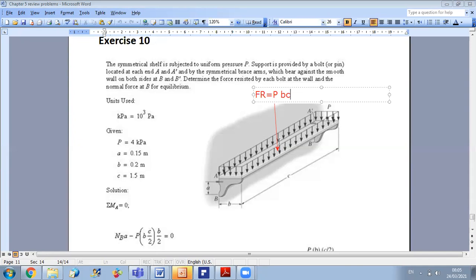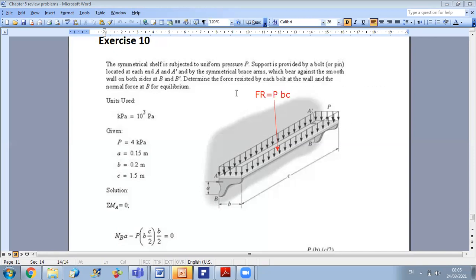Now, because of symmetry, the majority of the time, symmetry will give you information to simplify the analysis of your problem. So when you have complete symmetry, an equivalent system will be to divide your load in two parts, one at the first end and one at the other end of your beam.